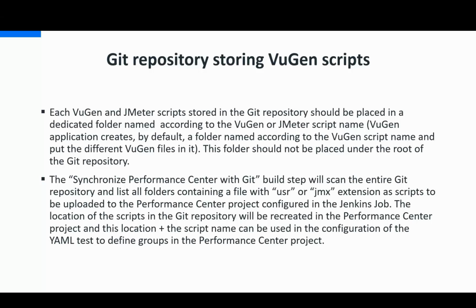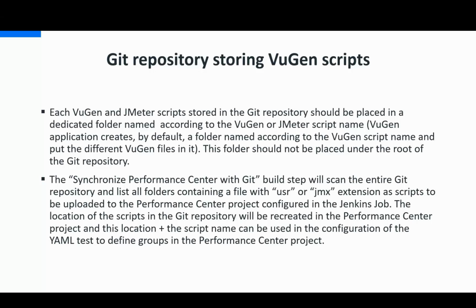Two points that might interest you, just to understand the logic. The script must be stored in a folder within the Git repository and should not be placed on the root of the Git repository. The folder should be named according to the script name.